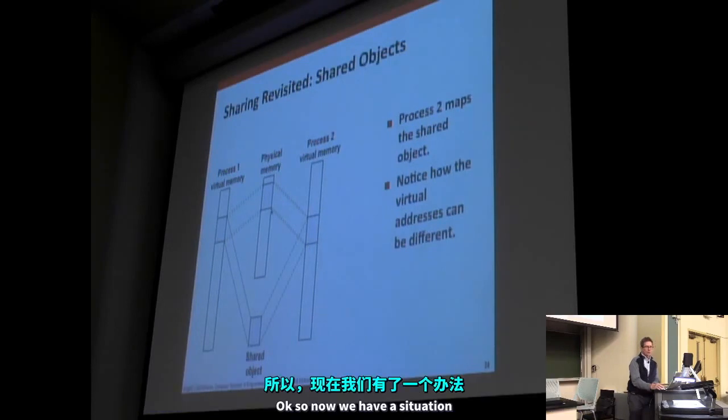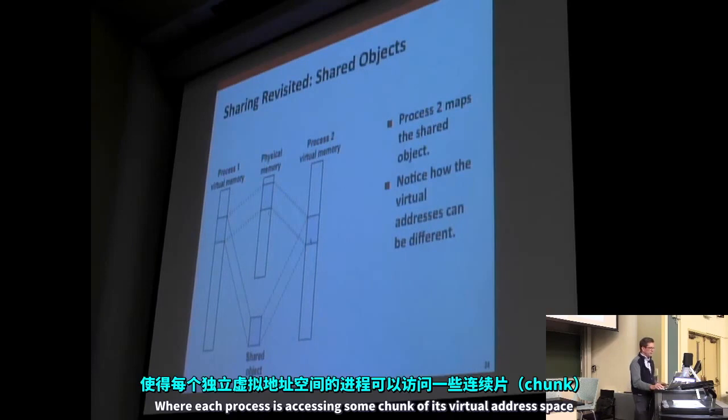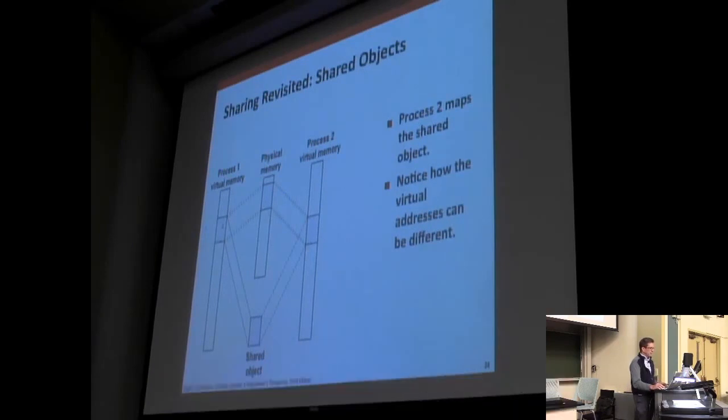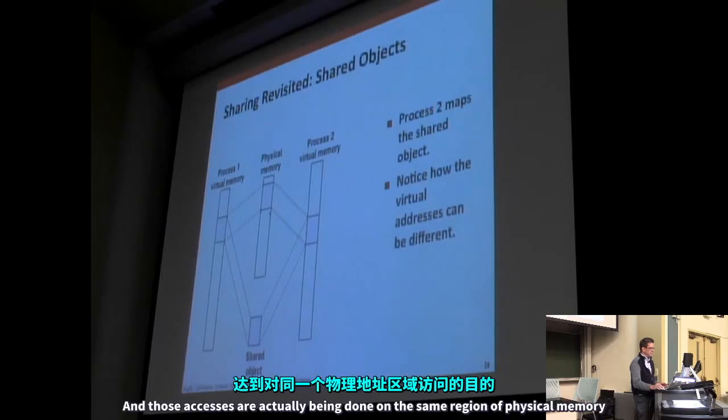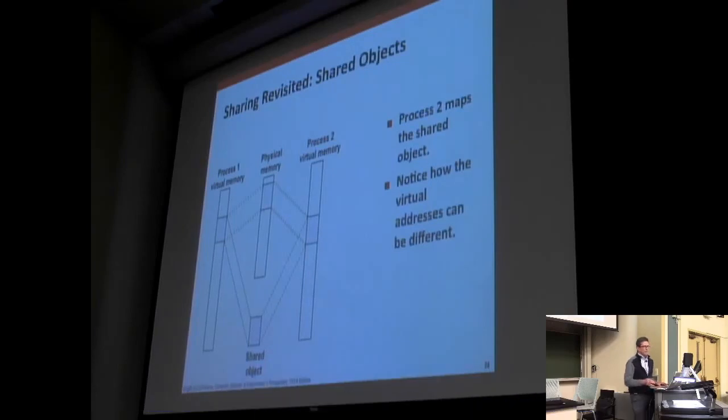So now each process is accessing some chunk of its virtual address space, and those accesses are actually being done on the same region of physical memory. So this might be useful.